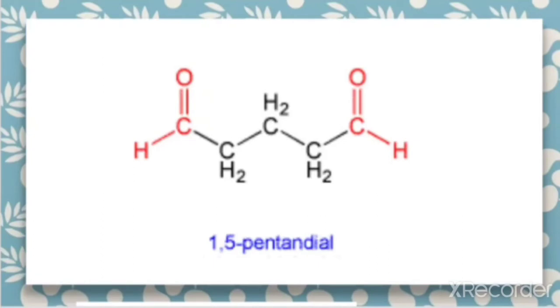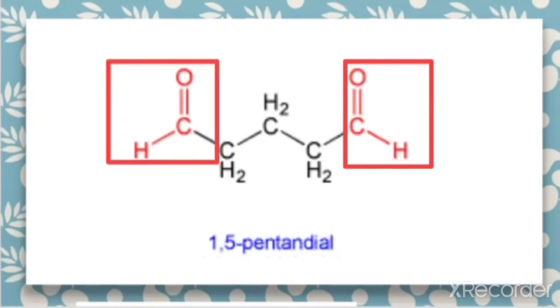Now in some compounds, like an open chain compound, there are two functional groups, that is two aldehyde groups are present. Here is one aldehyde group and here there is one aldehyde group. So two aldehyde groups are there and it is in an open chain structure. So how do we have to name such cases? In that case, we'll not be using the word carbaldehyde, we'll be using the suffix -al.